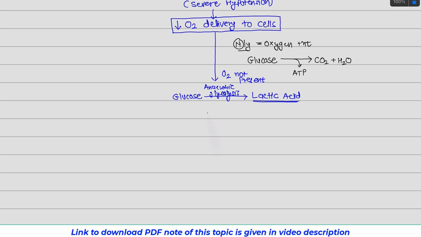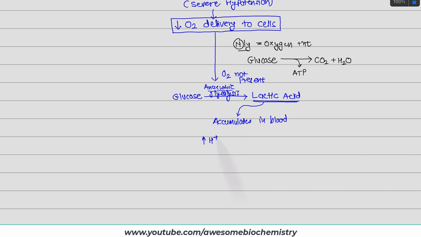As I already mentioned, anaerobic metabolism produces lactic acid as a byproduct. As lactic acid accumulates in the bloodstream, it increases hydrogen ion concentration, that is, decreases the blood pH. So as this acidosis is primarily because of lactic acid, we call it lactic acidosis.